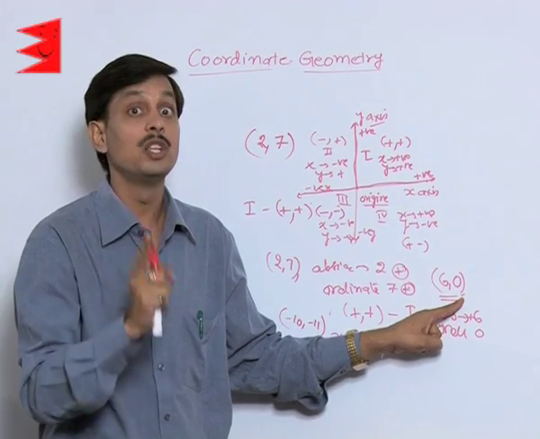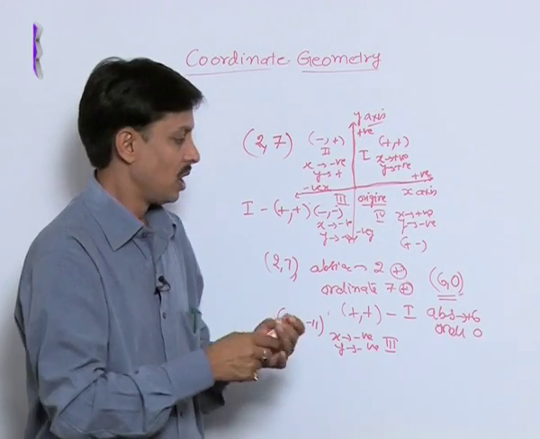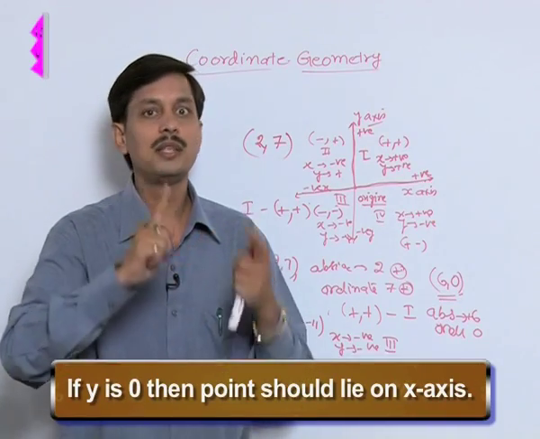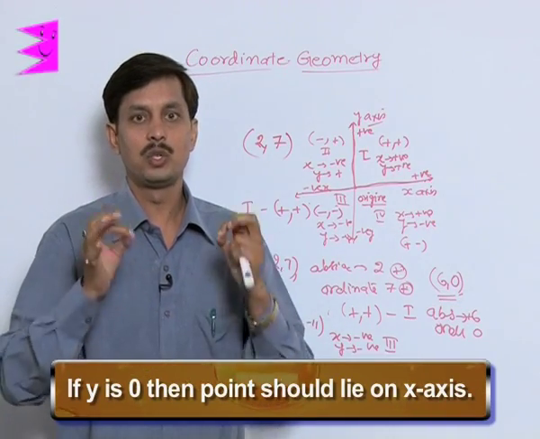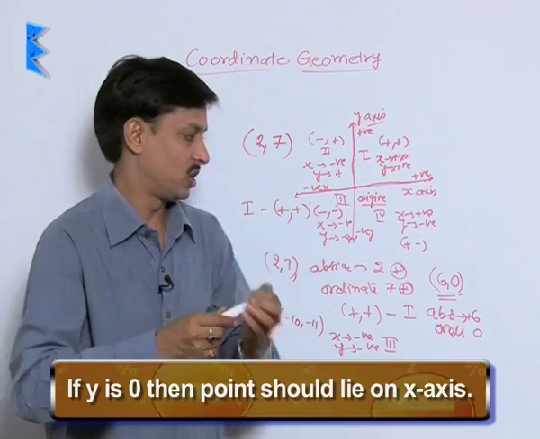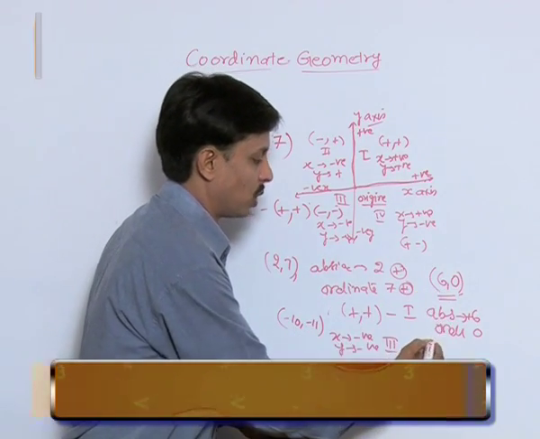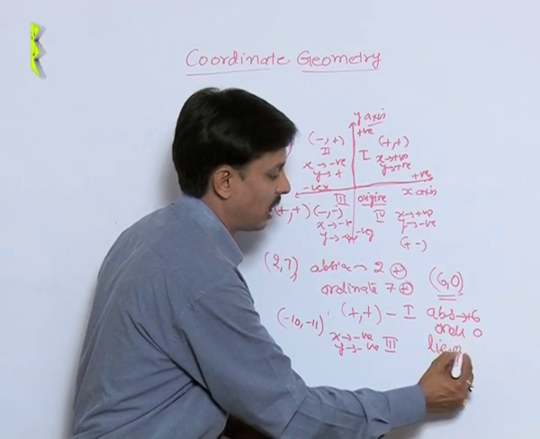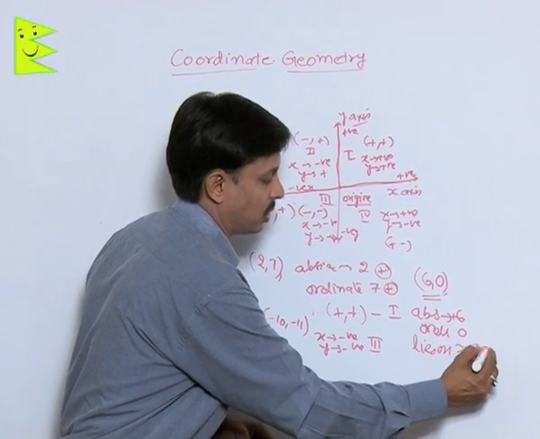This point lies on the x-axis. So what becomes the property of the x-axis? If y is 0, the point has to lie on the x-axis. So (6, 0) lies on the x-axis.